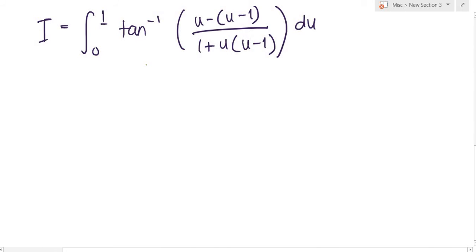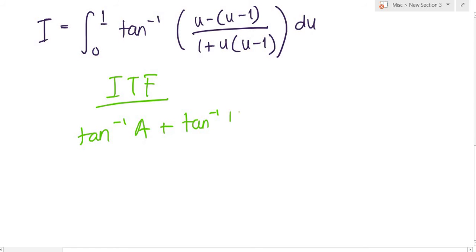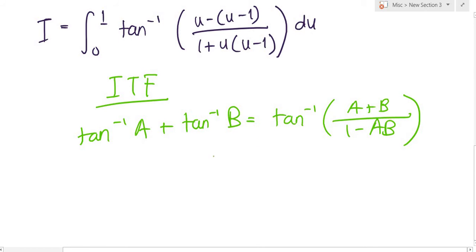Well, so this is our integrand, right? The inverse tangent of u minus, in bracket, u minus 1 over 1 plus u times u minus 1, right? Now let me remind you of a formula from inverse trigonometric functions. Say if you had an angle tan inverse of A added with another angle, the tan inverse of B, for example, you simply obtain the inverse tangent of A plus B over 1 minus AB.